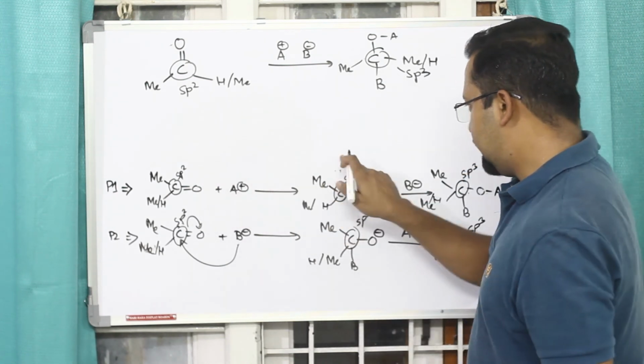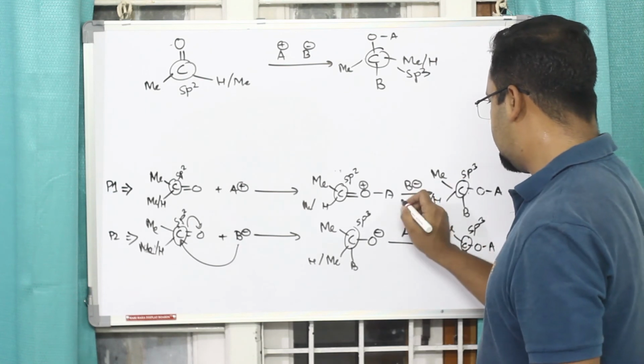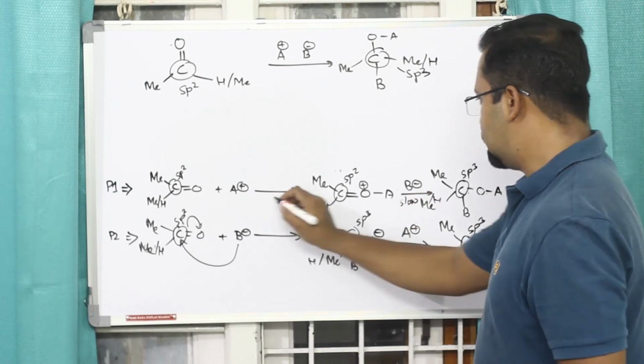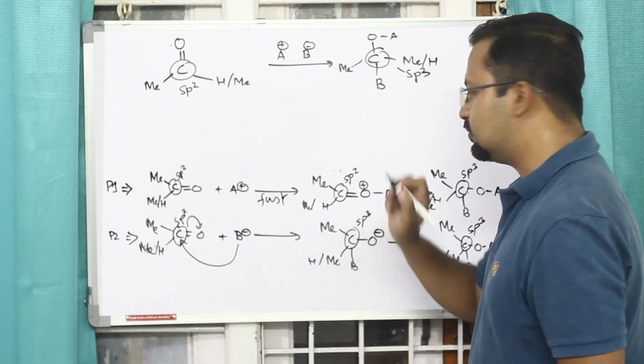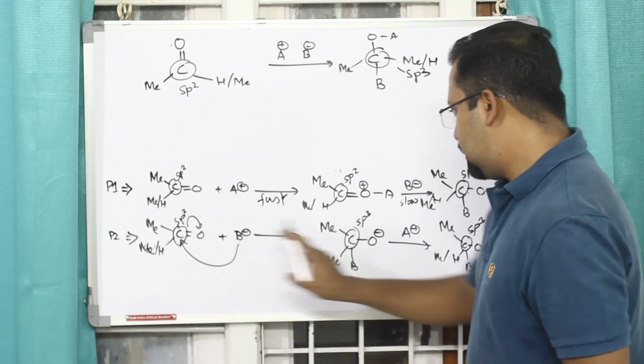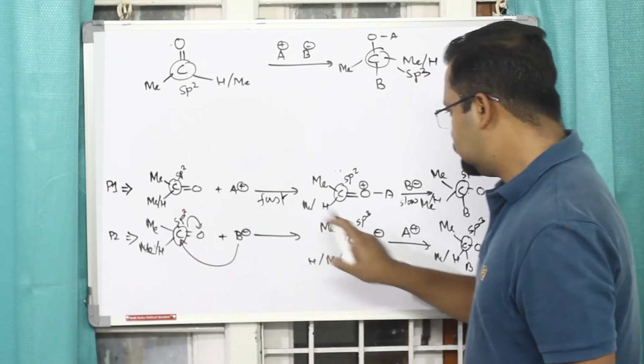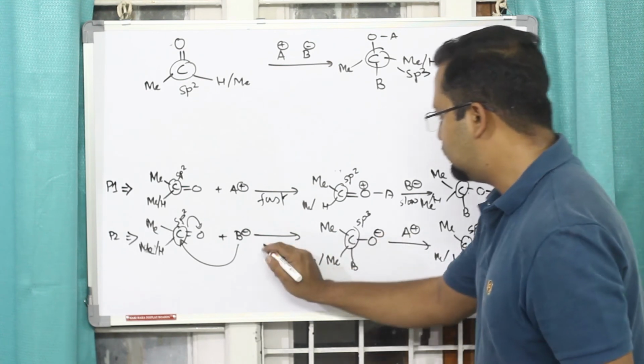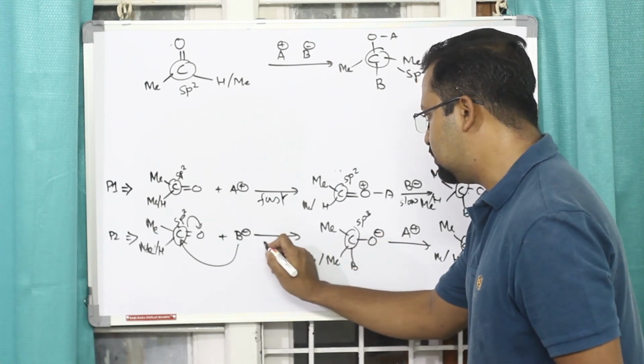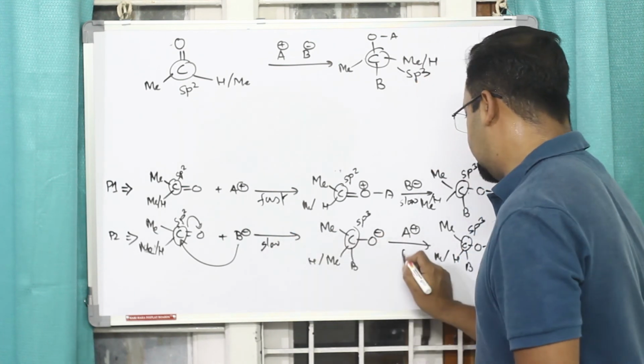So sp2, sp2, sp3. So this will become slow, this will become fast. sp2, sp3, sp3. This will be slow, this will be fast.